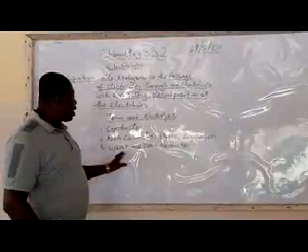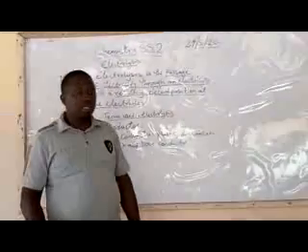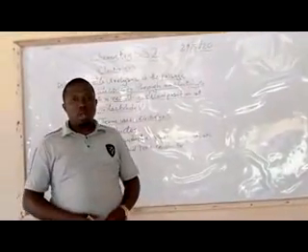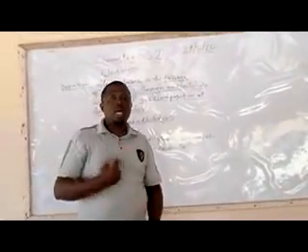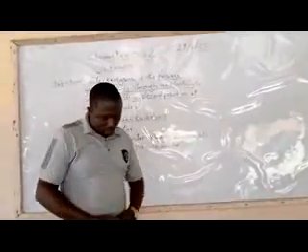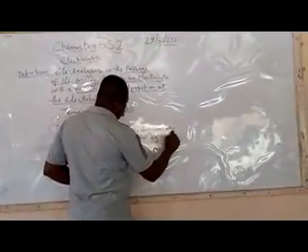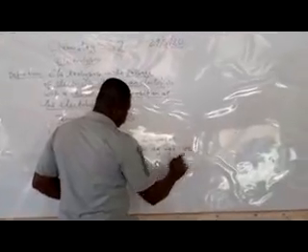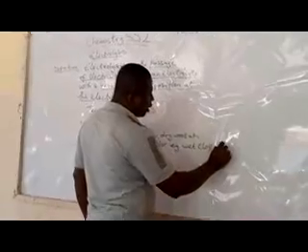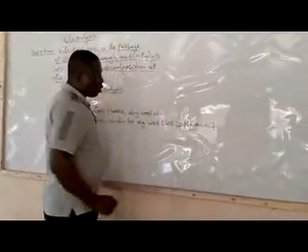Examples of poor and weak conductors: wet cloth. Another example is ethanoic acid, etc.